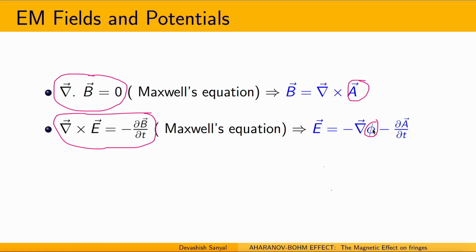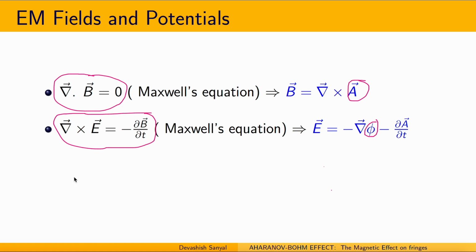Means you can use different definitions for A and phi. We will come to that later at the end. And there are two other Maxwell's equations involving divergence of E and curl of B. Those we are not writing here since we won't be dealing with them.